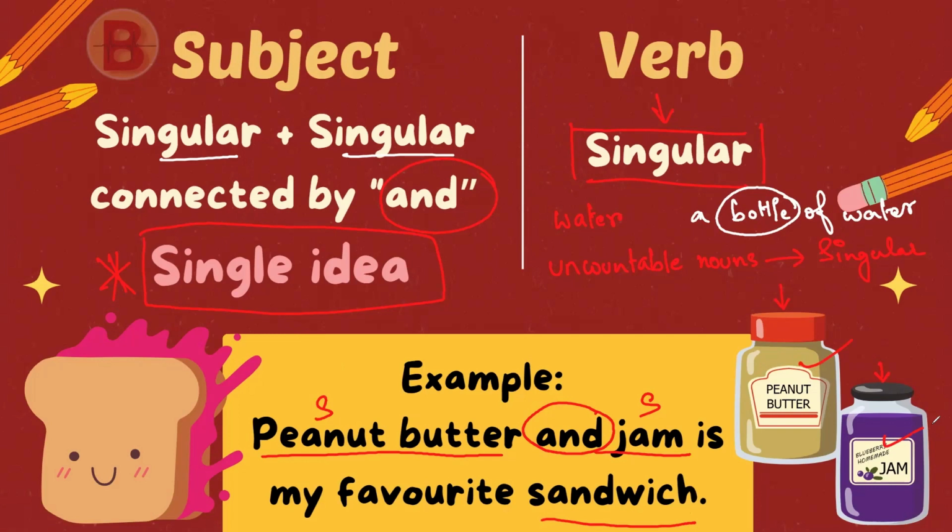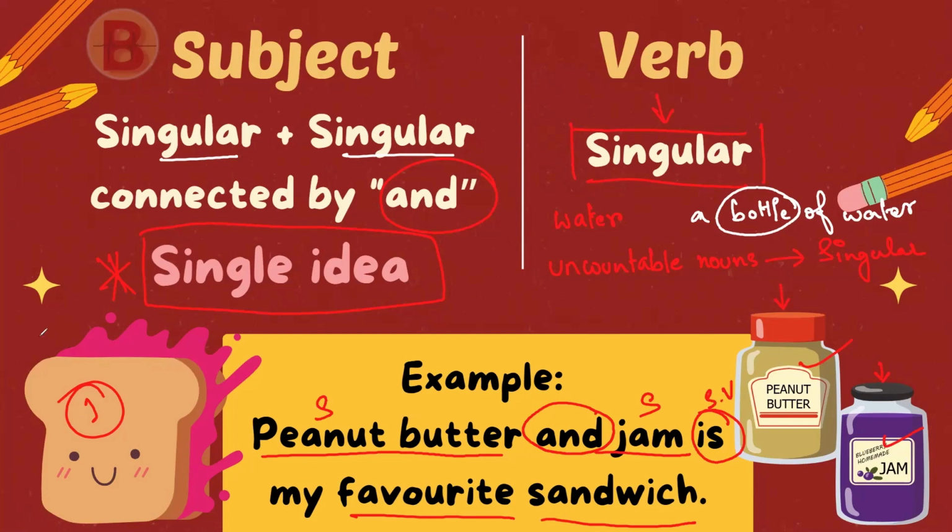So there's a sandwich which uses both peanut butter and jam. So we are talking about one type of sandwich or one single idea, or this particular sandwich, which is my favorite sandwich. So this is the type of sandwich which is my favorite, and it uses both peanut butter and jam. So we are talking about a single idea, and that is the reason we are going to use a singular verb. So this is a singular verb.